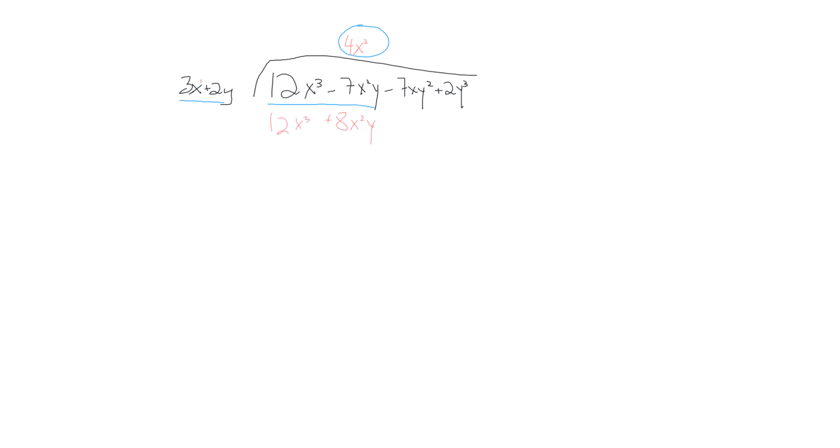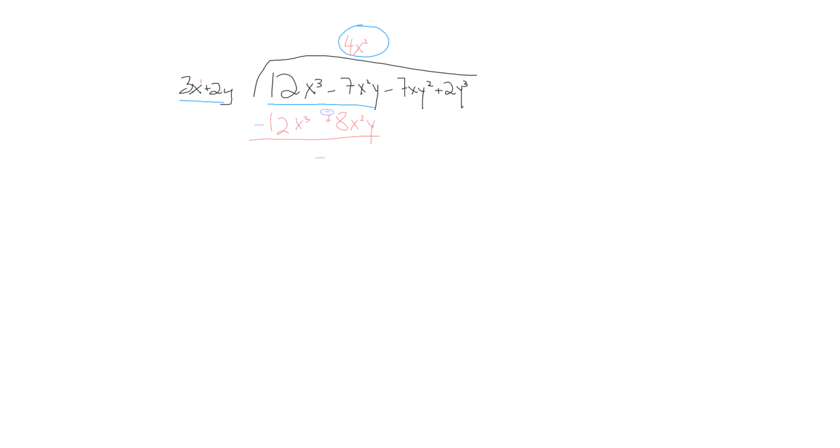And then I'm going to change the sign of everyone on the bottom. So this is now a minus. This is now a minus. I'm going to add these two. So minus 7x squared y minus another 8x squared y.